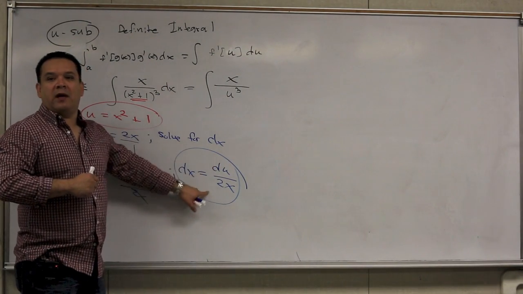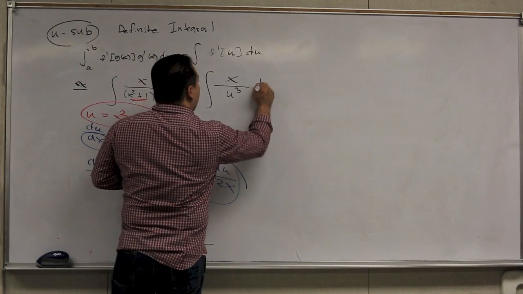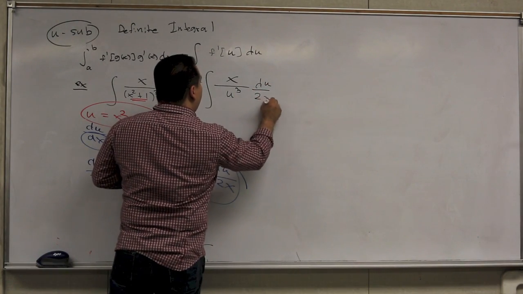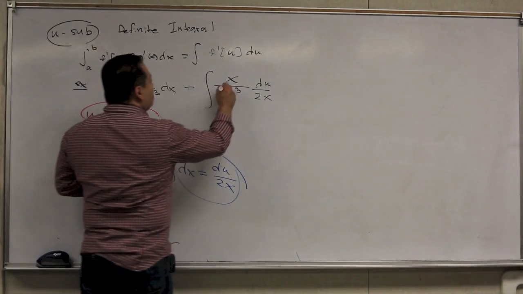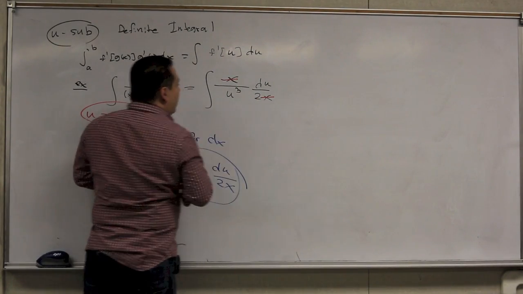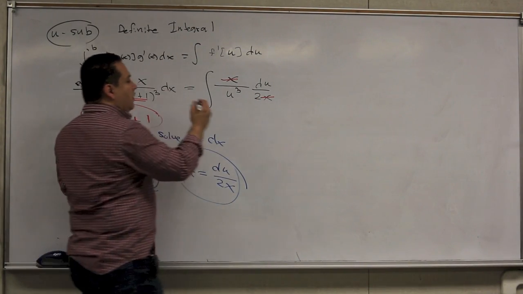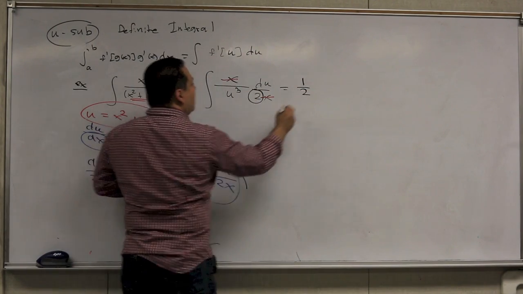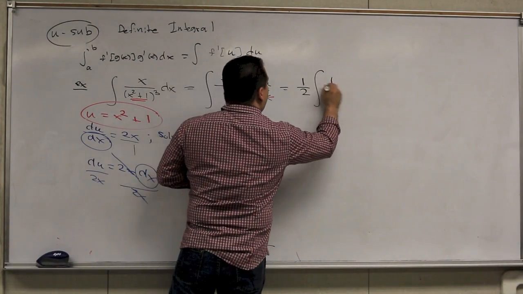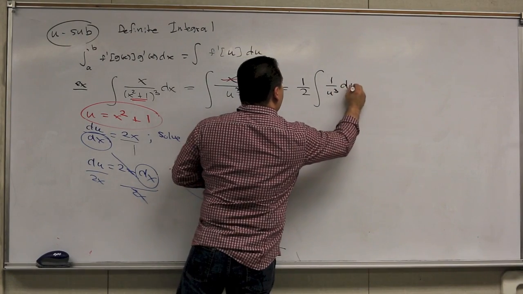Dx is du over 2x. So these are problems specially chosen so that your x goes away. And now you have an integral, because this is a 1/2 constant, I can pull that out. You're going to integrate 1 over u cubed du.